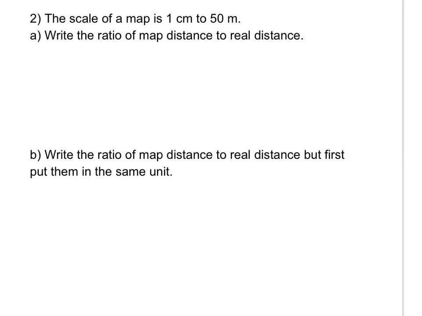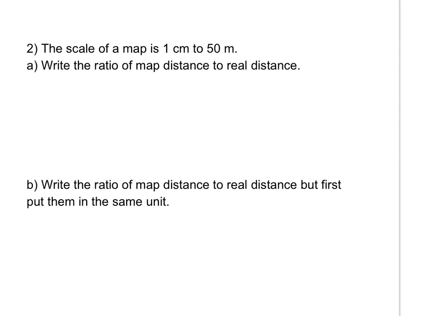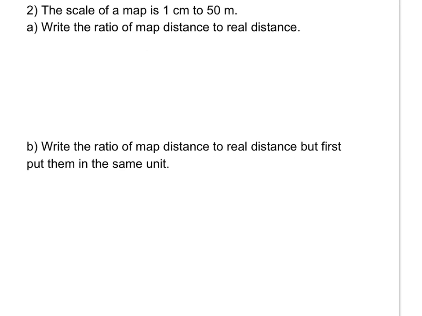The scale of a map is 1 centimeter to 50 meters. Write the ratio of the map distance to real distance. Well, map distance 1 centimeter, and real distance 50 meters.